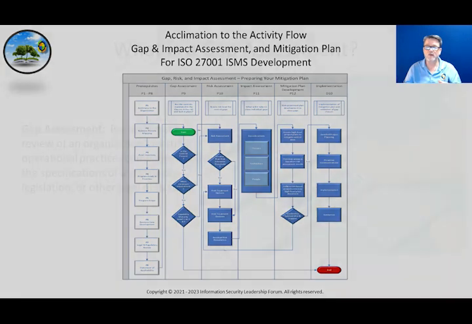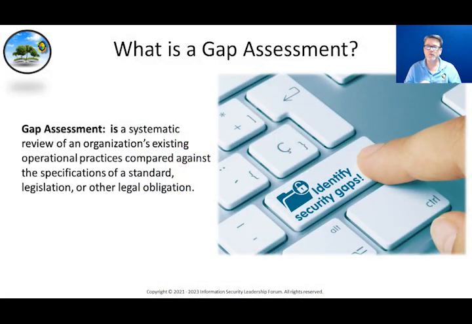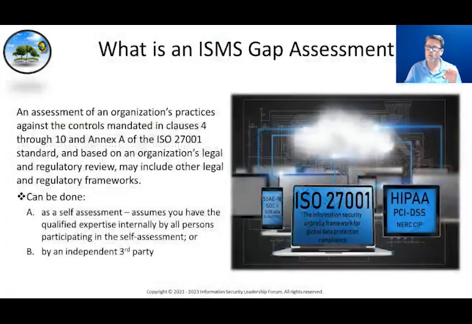So what is a gap assessment? A gap assessment is a systematic review of an organization's existing operational practices compared against the specifications of a standard, legislation, or legal obligation. To refine that a little bit more, what is an ISMS gap assessment?